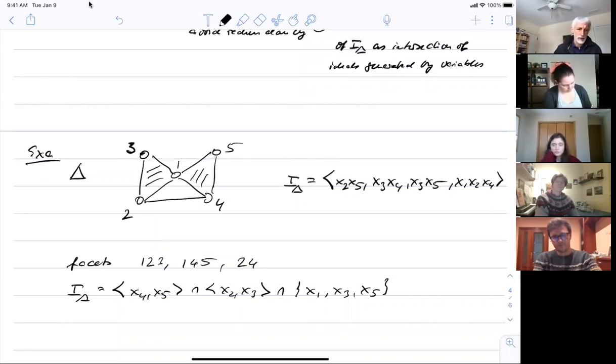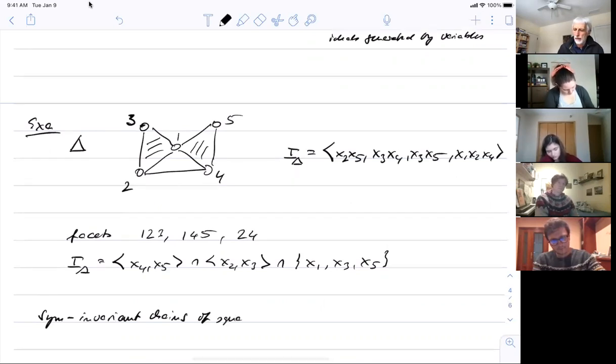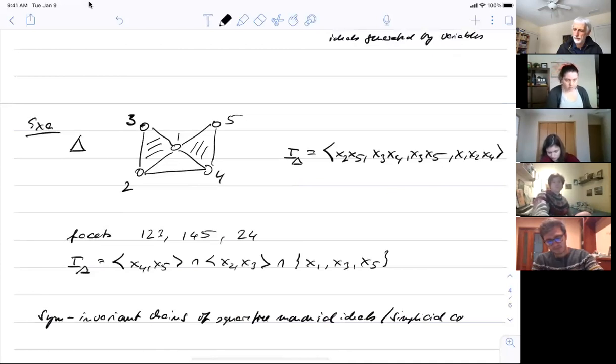So now let's do this up to symmetry. Instead of invariant chains, let's just take Sym-invariant chains of square-free monomial ideals, or equivalently simplicial complexes.